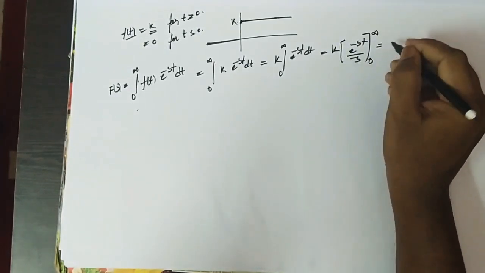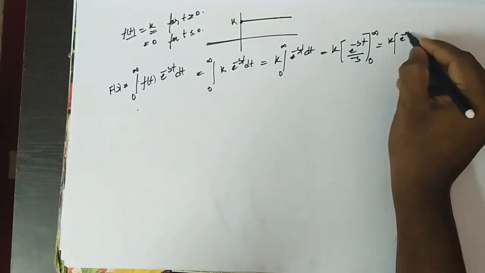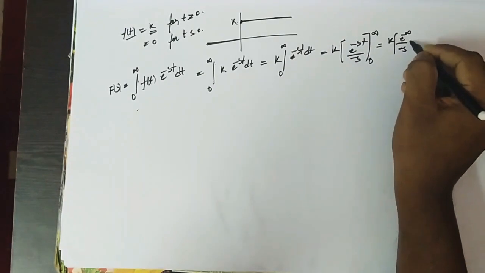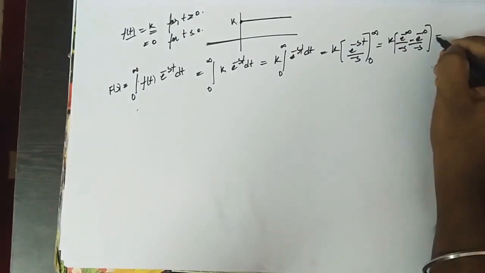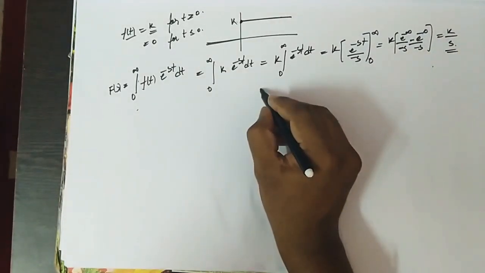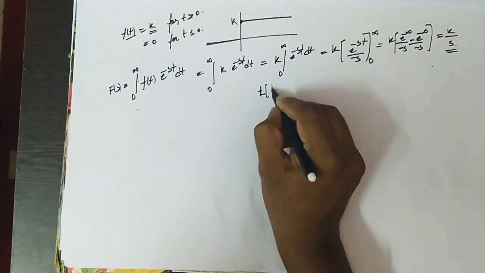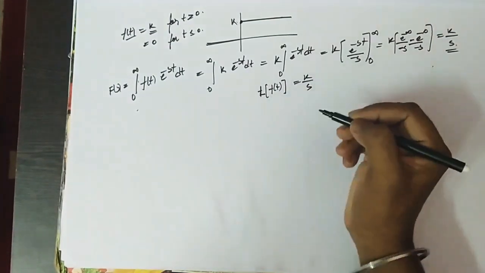After solving this, you get k times e power minus infinity by minus s minus e power minus 0 by minus s, which equals k by s. So the Laplace transform of f of t here is k by s.